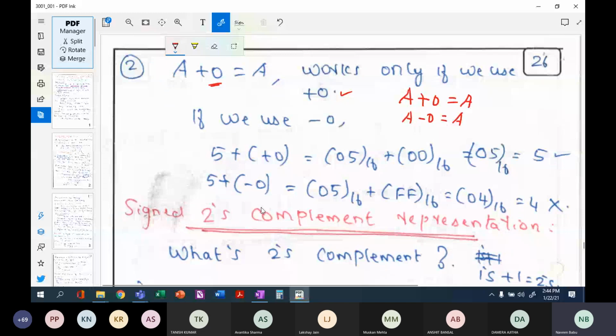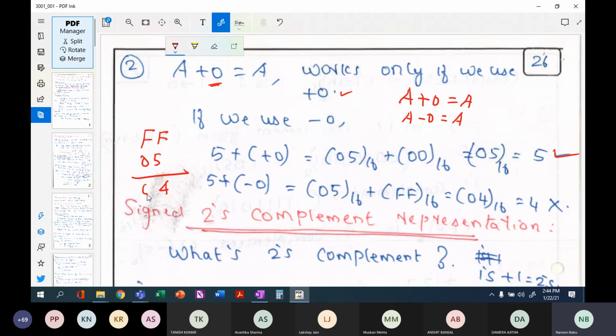So what happens here is, say 5 plus 0, in terms of hexadecimals, 5 plus 0 is 5. This is absolutely fine. Now 5 plus minus 0, you must get 5, but minus 0 can be represented as FF. So when I am adding FF plus 05, please note F is 15. 15 plus 5 is 20, which is represented as 4 with a carry. 20 minus 16 is 4, and then there is a remainder 1 carry here.